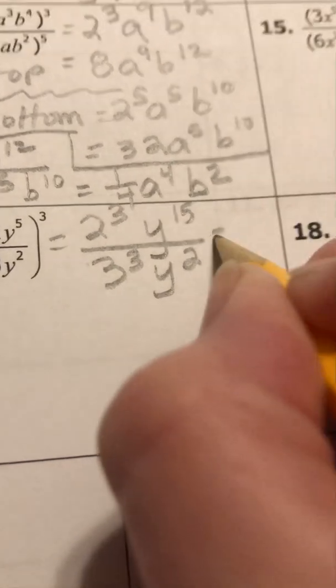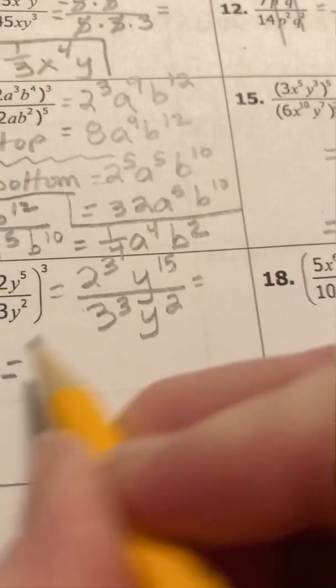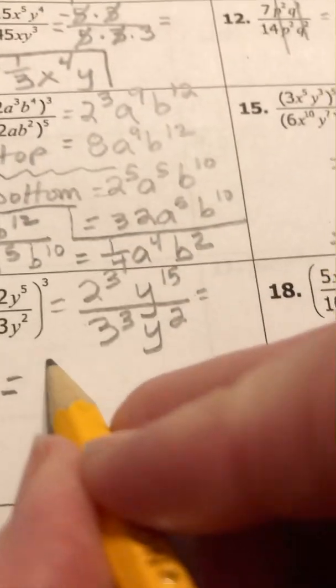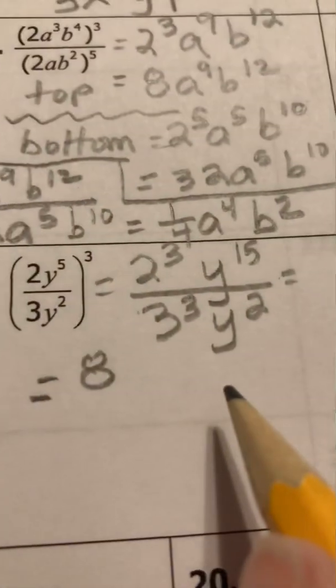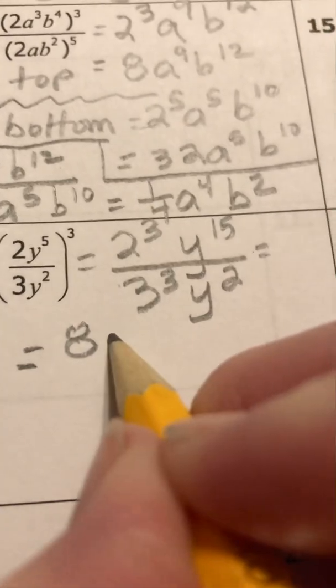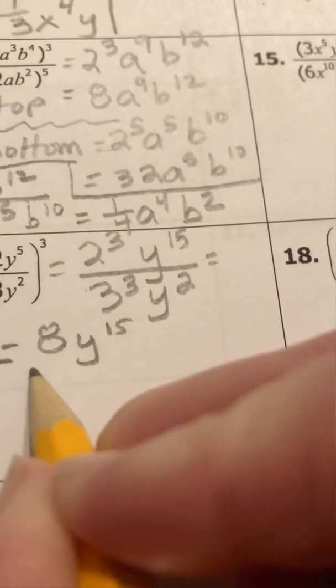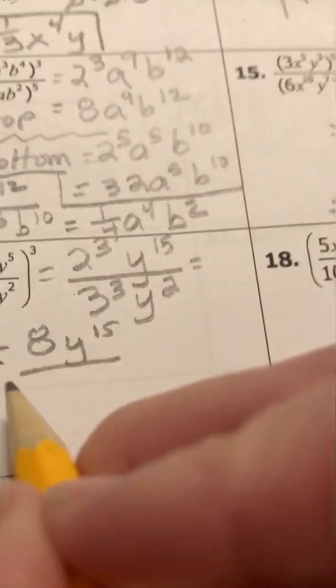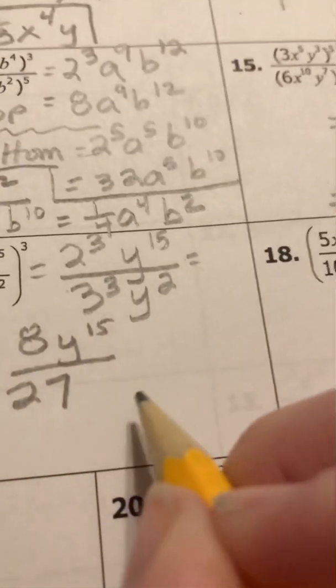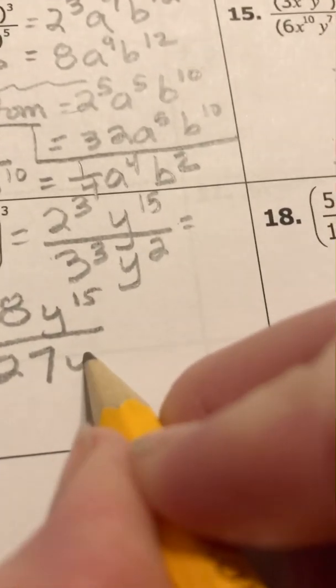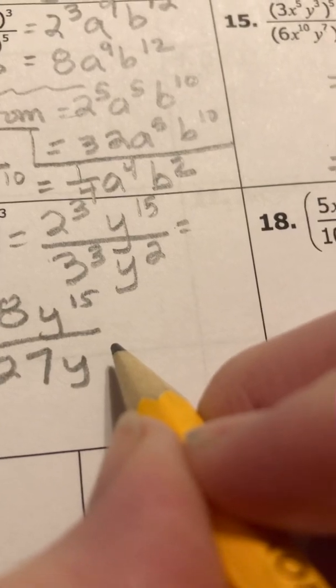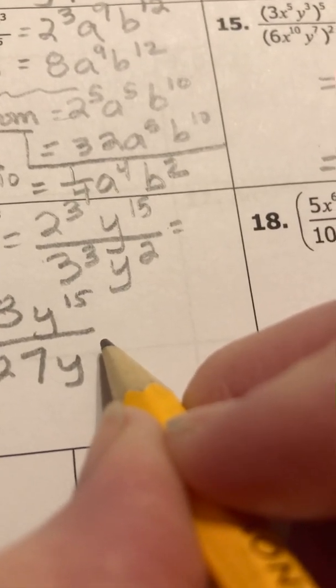And then I'm going to rewrite this down here, because I know that 2 cubed is always 8. I end up with y to the 15th all over 3 to the 3rd power, which is another great one to memorize, which is 27. I'm going to end up with my y to the 6th.